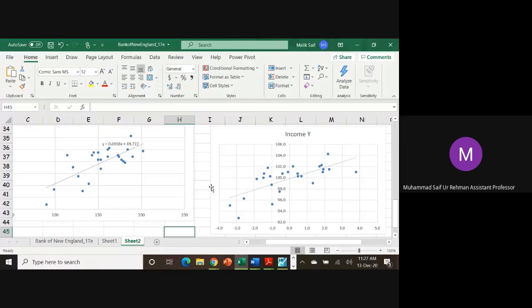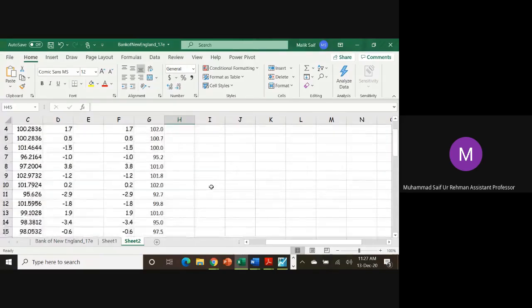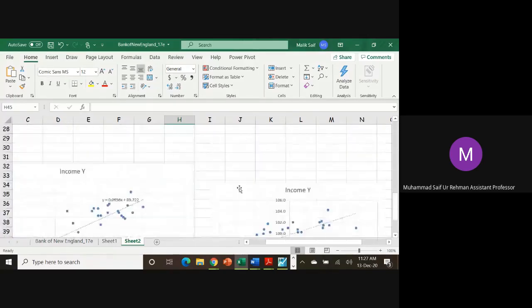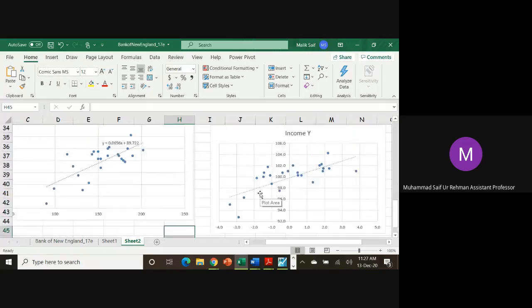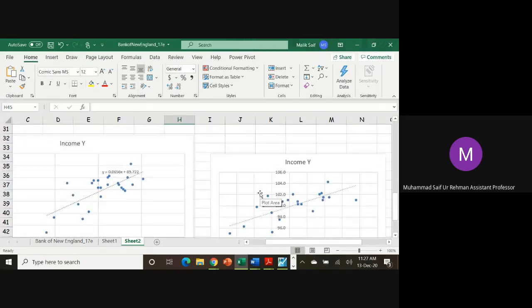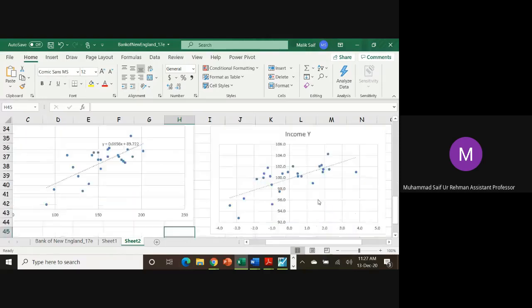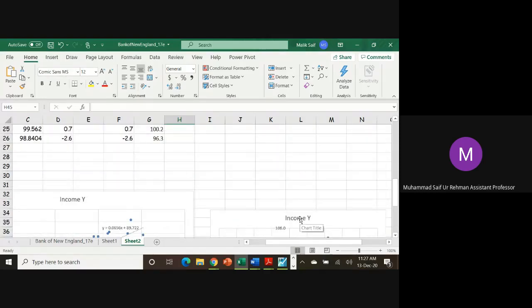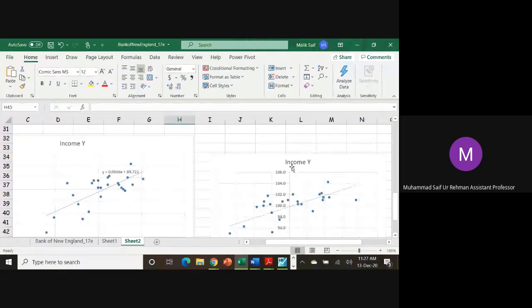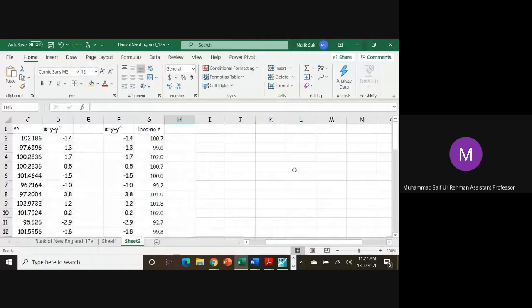We can also take help of this chart, in which we take into account the residual values. We regress the residual. Basically, in this case, y is on the vertical axis, but I want to have this on the horizontal axis. So what should I do?